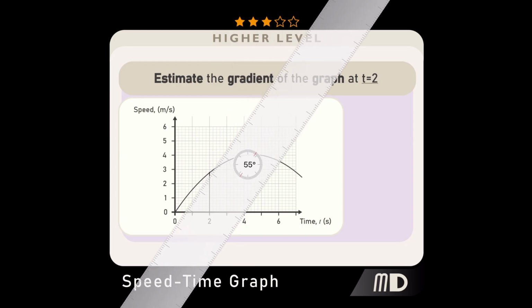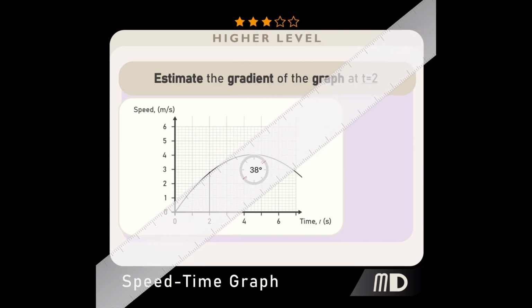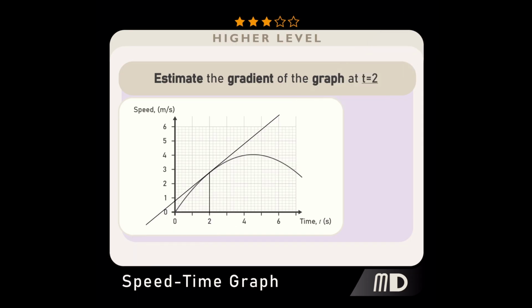Then, using a ruler, we need to draw the tangent, making the angles between the curve and the ruler equal on both sides of the point. The tangent is drawn as a long line in order to identify suitable points on the line whose coordinates we can use to calculate the gradient.